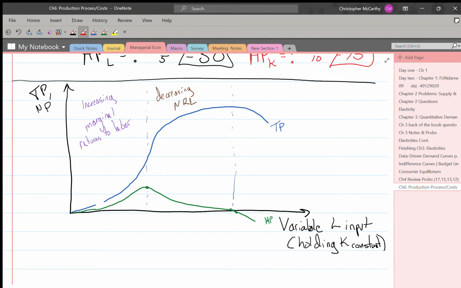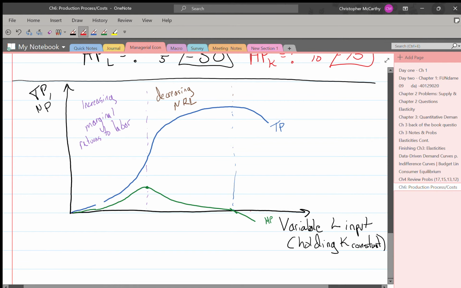And then lastly, over here, when the marginal returns are below zero and total production is going down, the more labor that we're adding, this is our negative marginal returns to labor. I'll spell it MRL all caps, or MR sub L, which is what you'll see in the book. It's the same exact thing. These are equivalent.